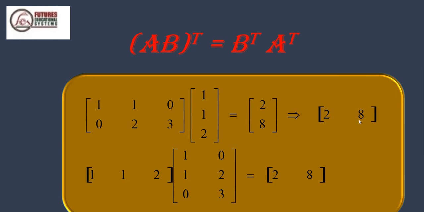Its transpose is the matrix 2, 8 in one row. B transpose gives me the matrix 1, 1, 2 in the first row. Multiplying by A transpose, the result is the same matrix, one row, 2 and 8. Therefore (AB) transpose equals B transpose A transpose.